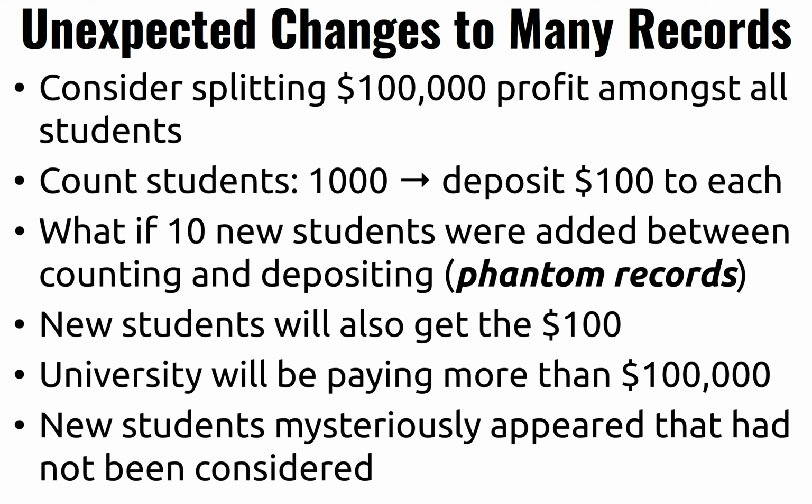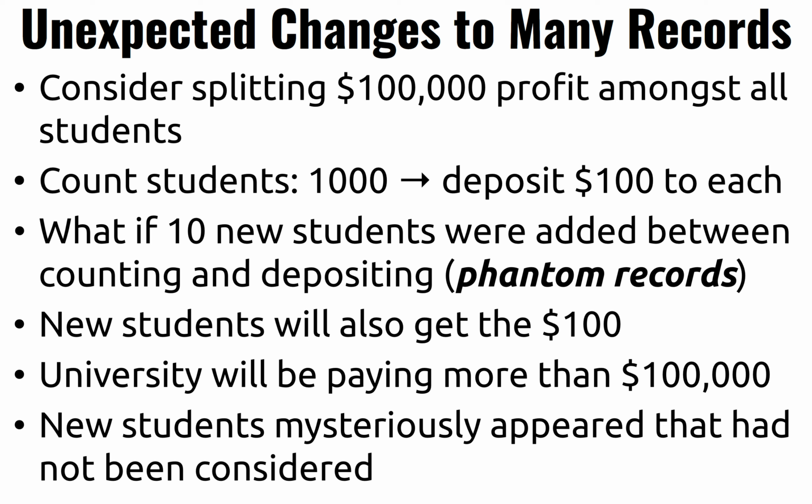But before it actually goes and updates everybody's accounts and adds $100 to everybody, it already has decided that it's $100 for everybody. But before it gets in there, it turns out that 10 new students were added to the department and were admitted to the college, and there are now 10 new records.